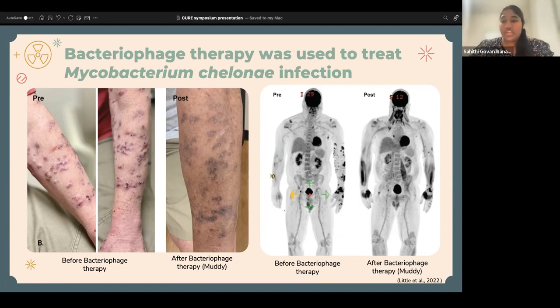So bacteriophage therapy right now is of compassionate use, meaning that it is only used when a patient's life is in danger and there's no other treatment to be administered to the patient. This is why we need to do more research on bacteriophage, because bacteriophage has a lot of potential.